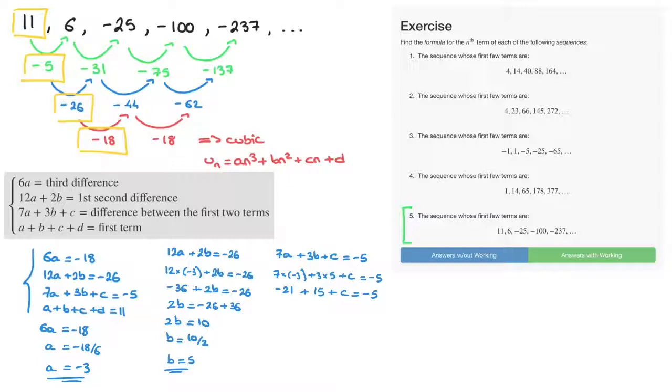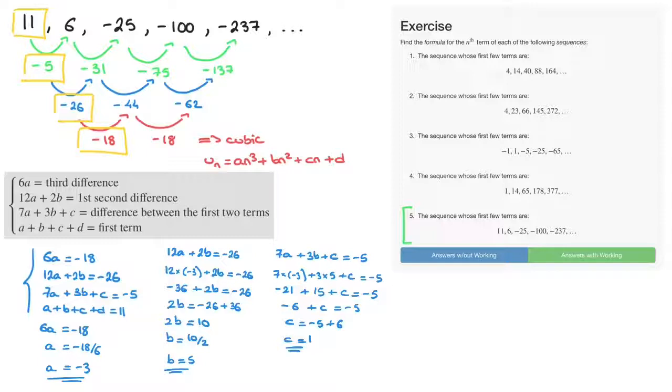Negative 21 plus 15 is negative 6, plus c equals negative 5. We now add 6 to each side of this equation, which leads to c equals negative 5 plus 6, and finally we find c equals 1.